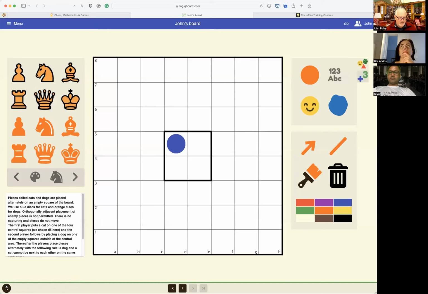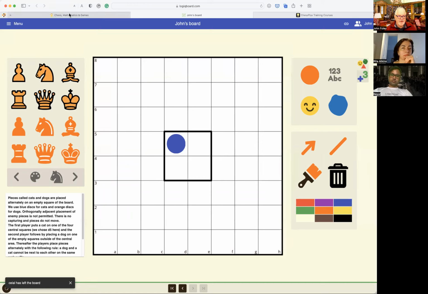I'm just going to see how many people we got here with us at the moment. 24. So if I had 6 groups, that's on average 4 people per group. And if I give you, let's say, 15 minutes or so to get to grips with this game called Cats and Dogs.